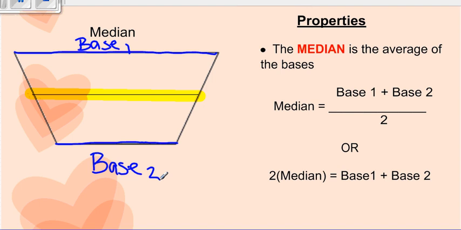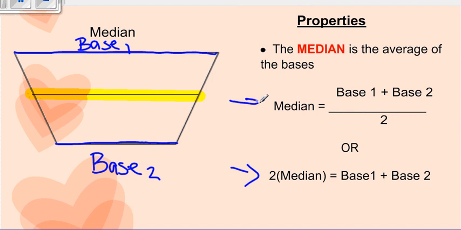If we're looking for one of our two bases, the following formula is better to use if you're looking for a base. 2 times our median equals base 1 plus base 2. So depending on which piece you're looking for would determine which formula you would use.